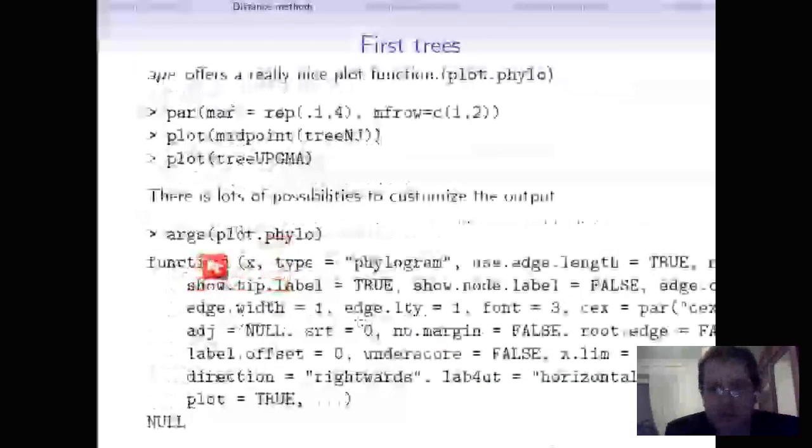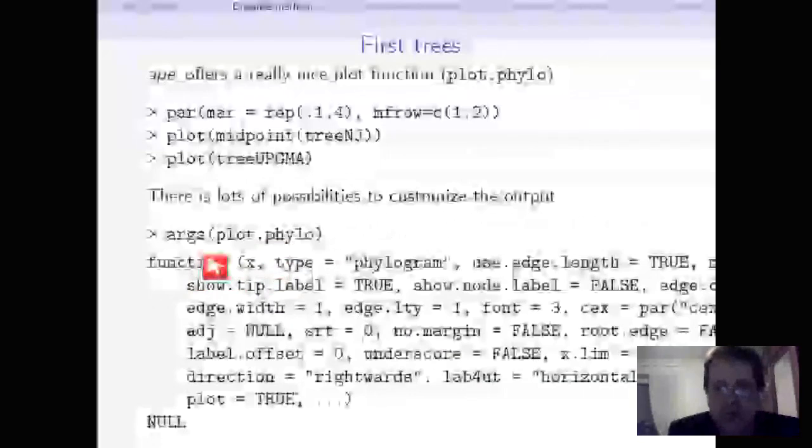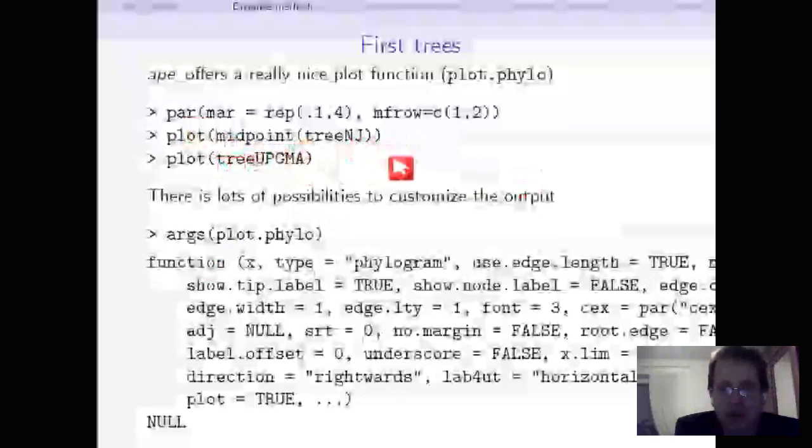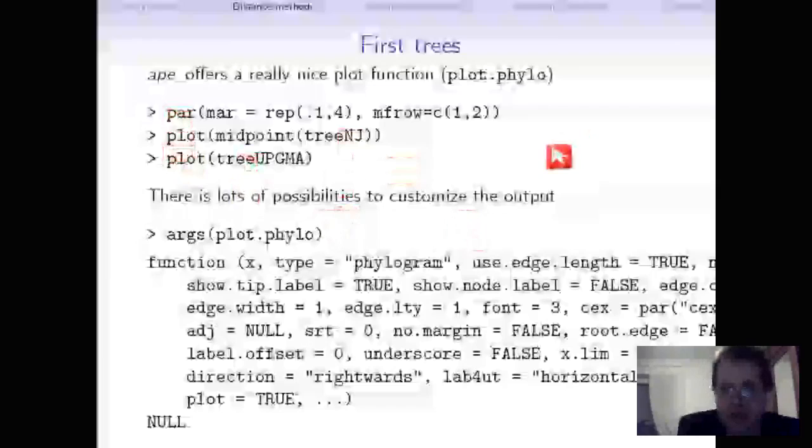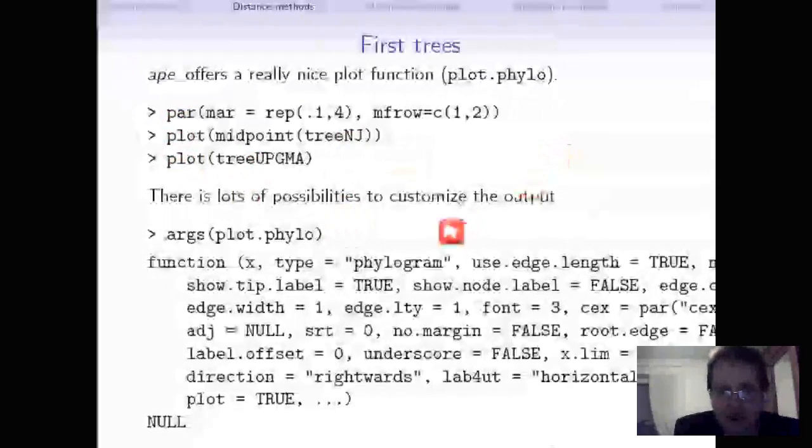And then of course we saw already a little bit, especially ape has really nice plot functions, so we can plot our trees. I just plot the neighbor joining tree and then the UPGMA tree, and with these commands it's very, very simple, just plot.